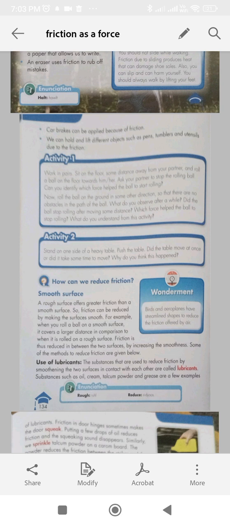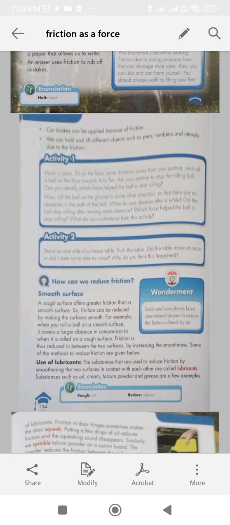Now roll the ball on the ground in some other direction so that there are no obstacles in the path of the ball. What do you observe after a while? Did the ball stop rolling after moving some distance? Which force helped the ball to stop rolling? What do you understand from this activity?